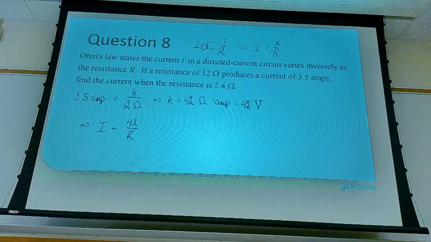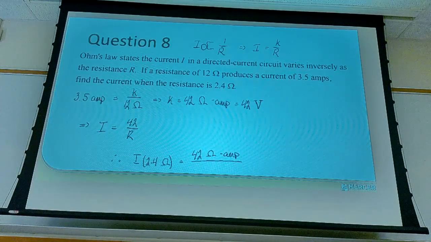All right, so I is 42 over R. Right, so I of 2.4 ohms. I'm actually going to write it this way.